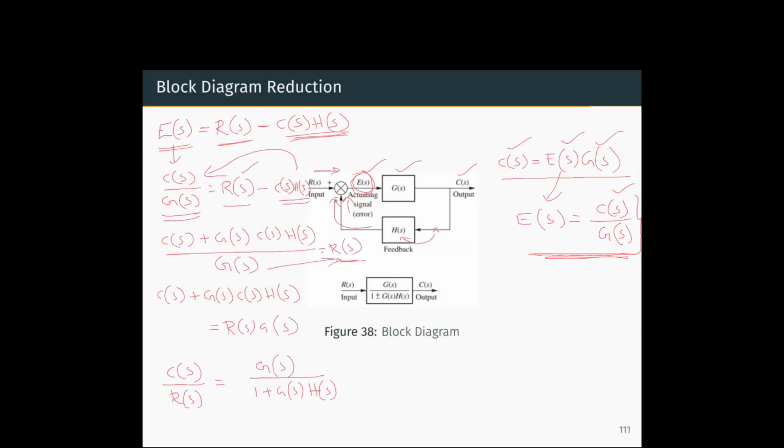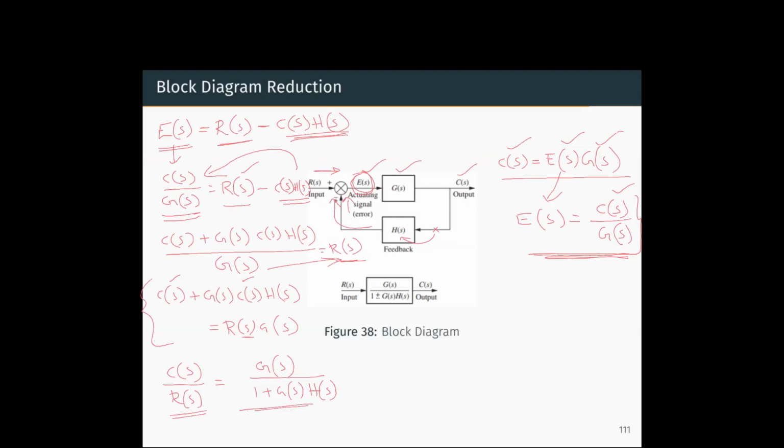Taking G of s to the other side, C of s plus G of s C of s H of s is equal to R of s G of s. From this equation, we are taking C of s common from the left hand side, and taking C of s divided by R of s to the left hand side. We will get C of s by R of s is equal to G of s by 1 plus G of s H of s.